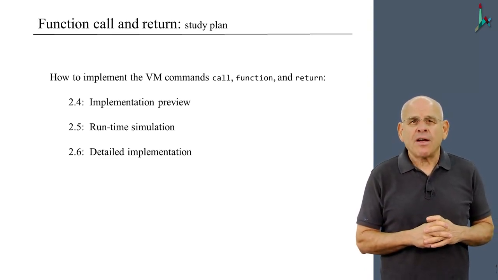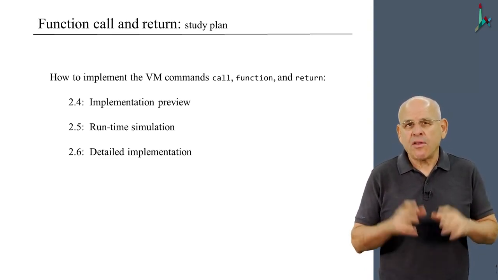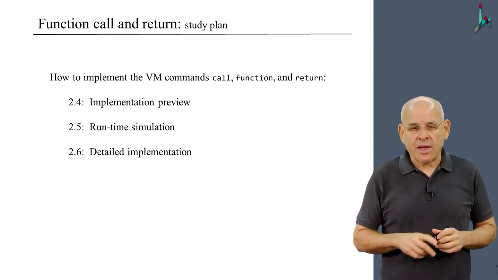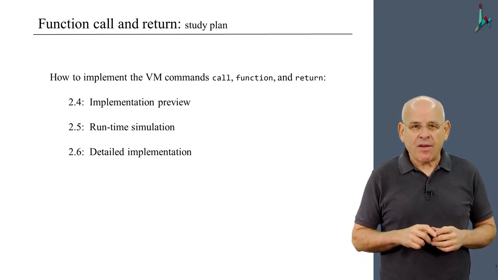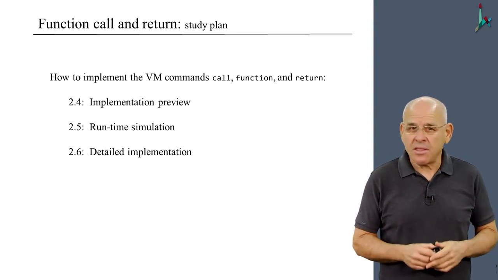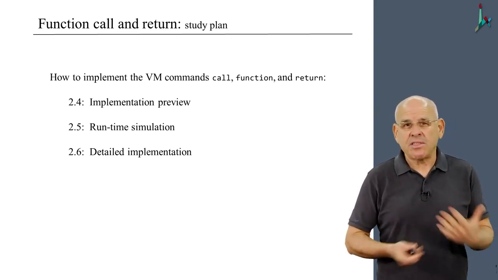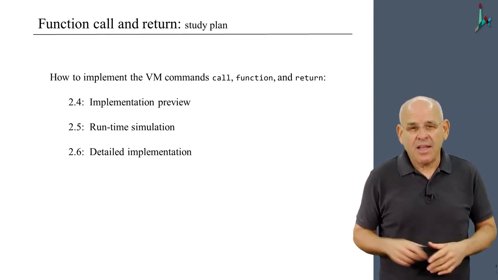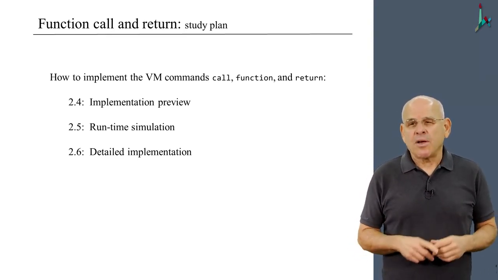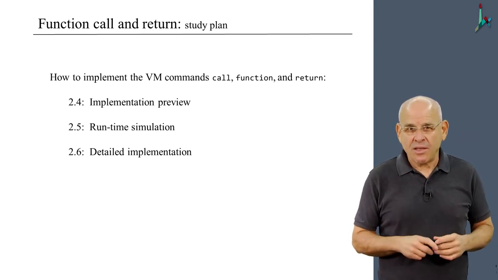And therefore, we decided to devote 3 units to explaining how we have to do it. So we'll begin with a preview in this unit, then we'll do a simulation to see how it actually works behind the scene, and then finally we'll discuss how to actually make it happen.